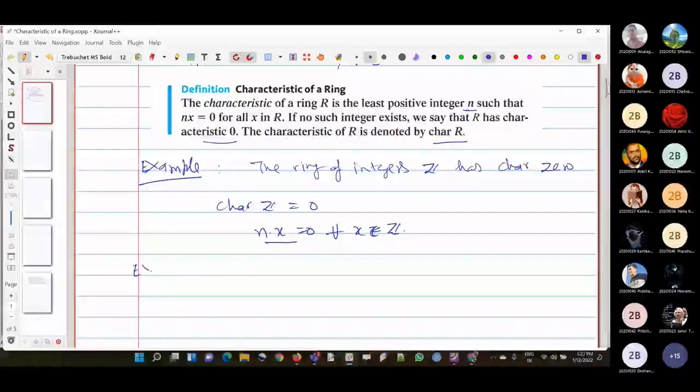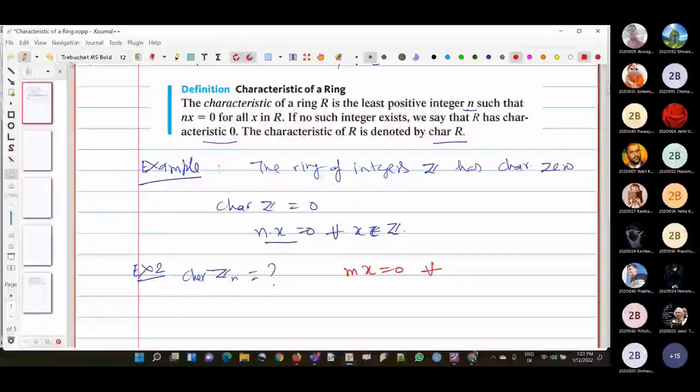What about if you take Zn, the characteristic of Zn? We need to search for some m such that mx equals 0 for all x belonging to Zn.